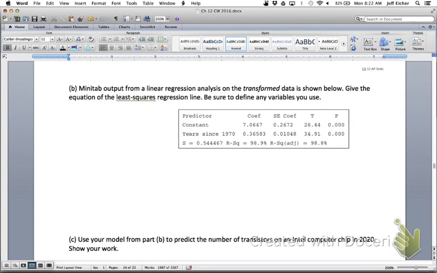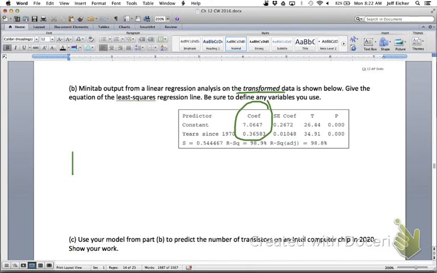What is that exponential model? Well, when you turn the page, often in these you don't have to figure out how to do the transformation. You just need to be able to read computer output, which is these first two columns. And this is for the transformed data. So it says give the equation of the least squares regression line.